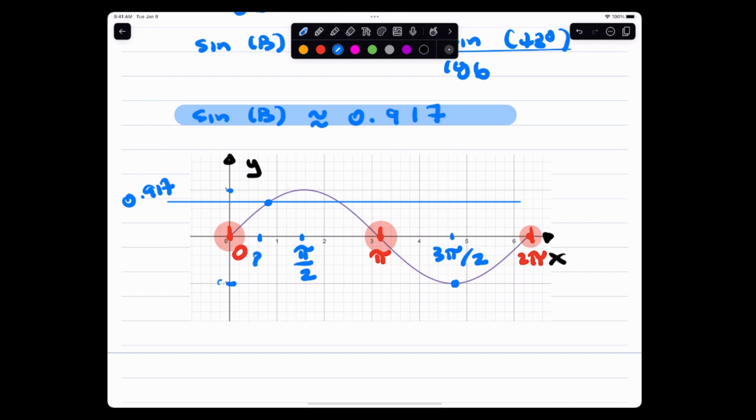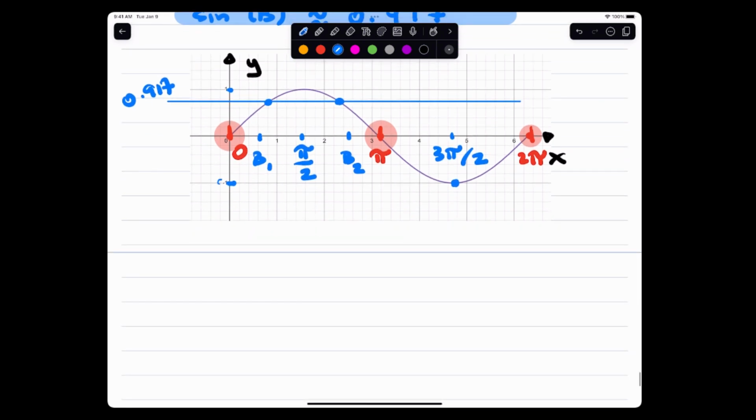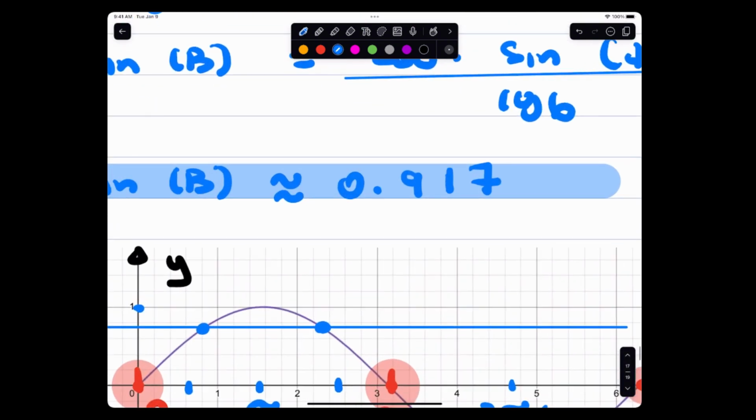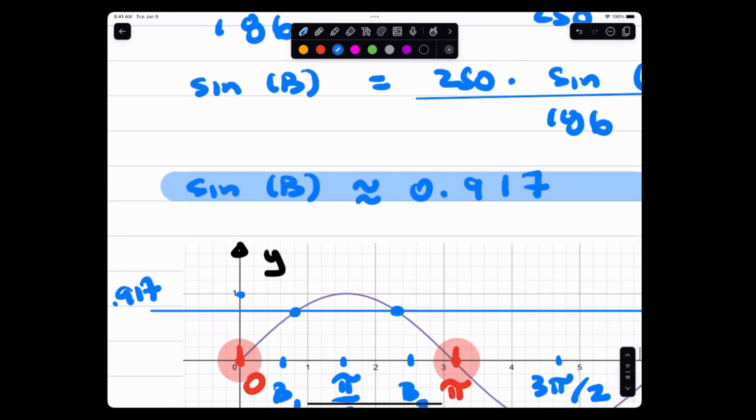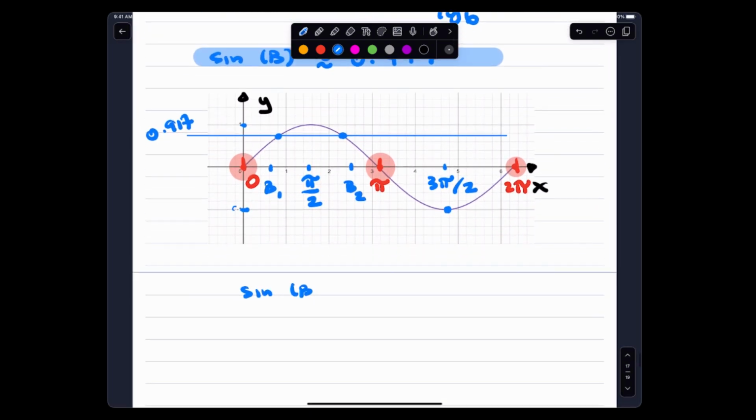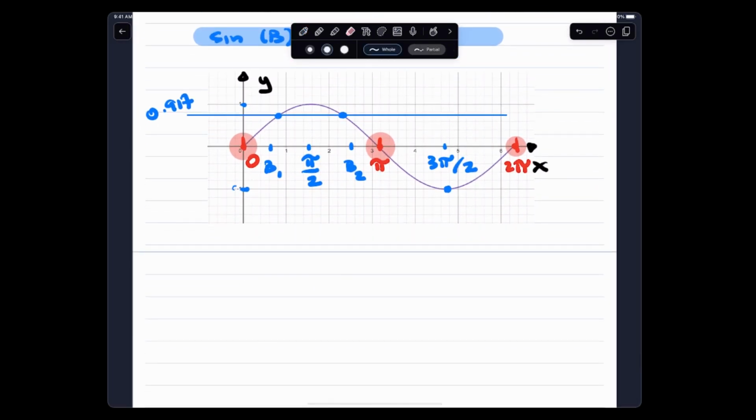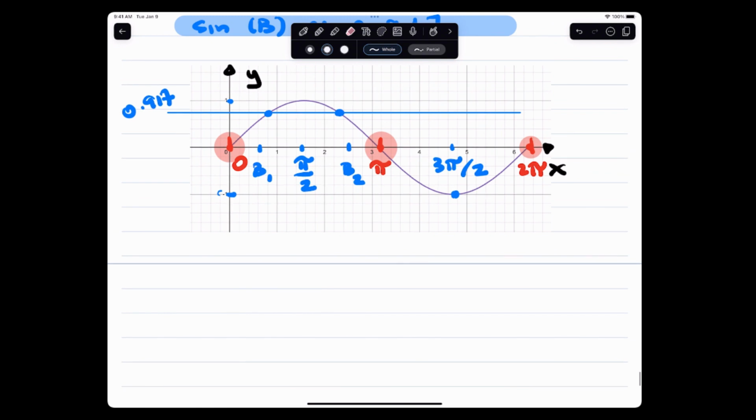And again, we're going to find that angle. This angle is going to be B1, and this angle is going to be B2, where sine of B equals 0.917. At this point, you have to find what B is.